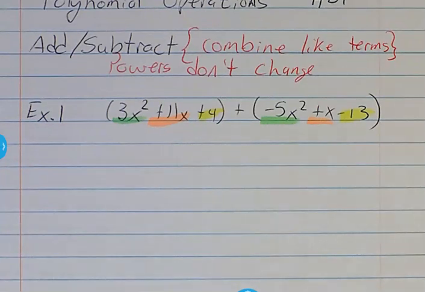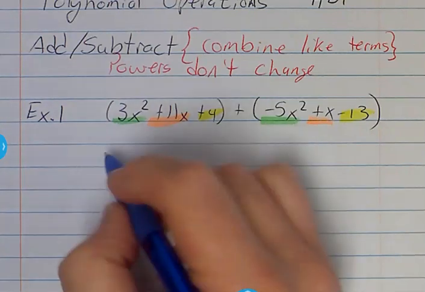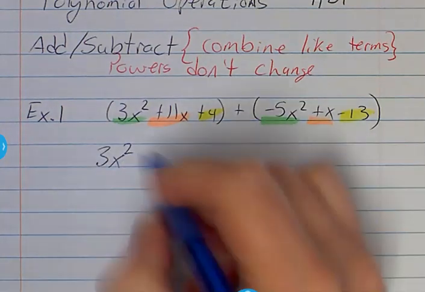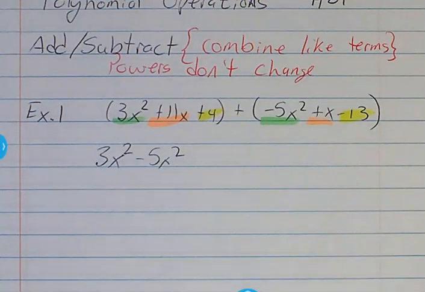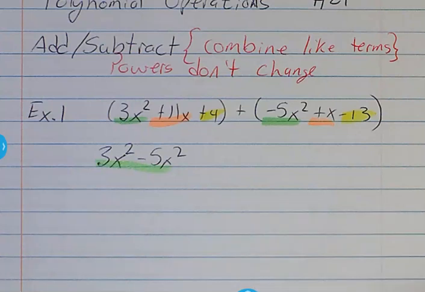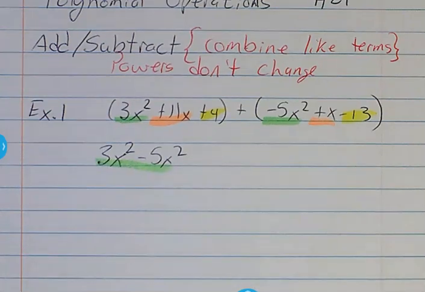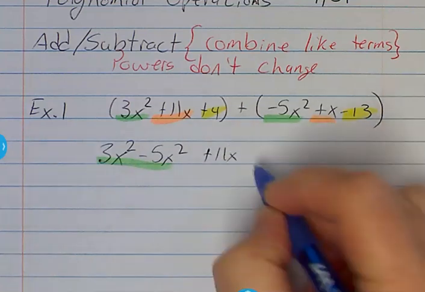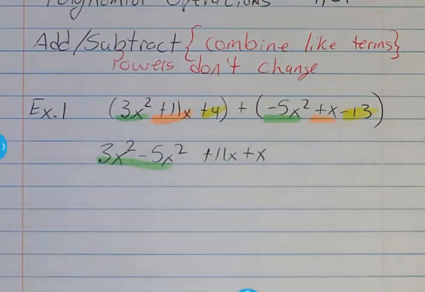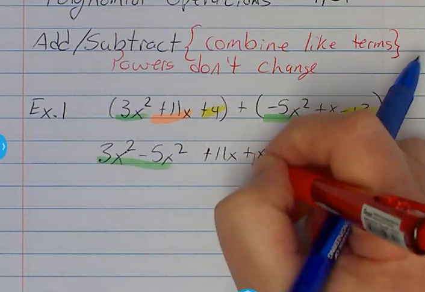Okay, so if you separate everything out by that part of it, we've got the 3x squared and then the negative 5x squared. Okay, and then we've got the plus 11x and then the plus x. And again, remember, when you're adding those, there is an understood 1 that would go there.